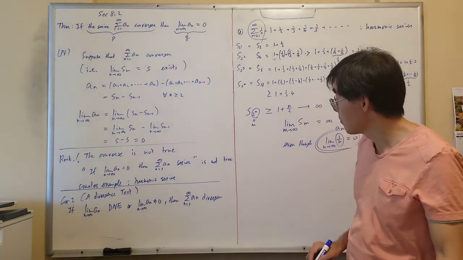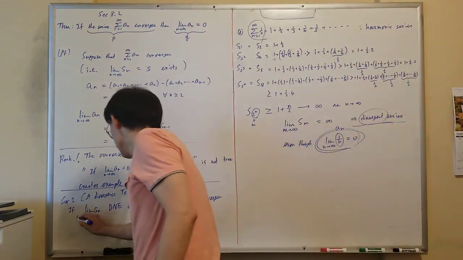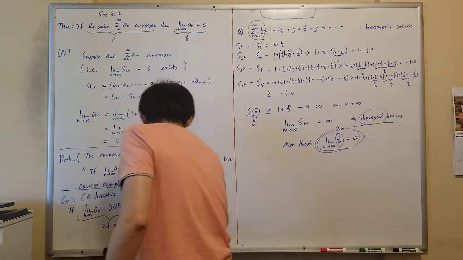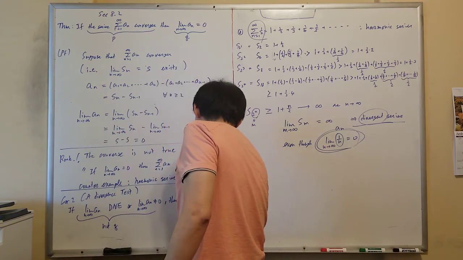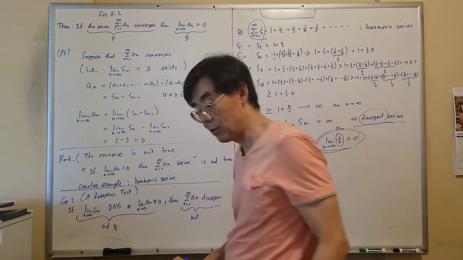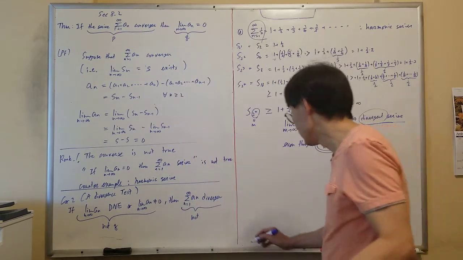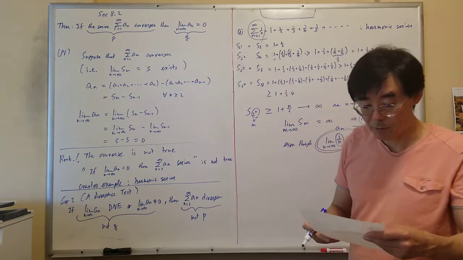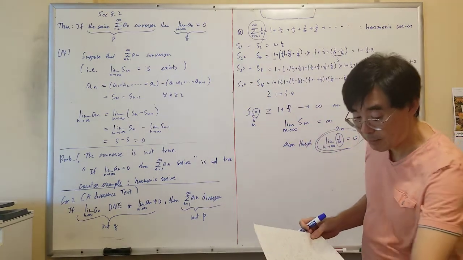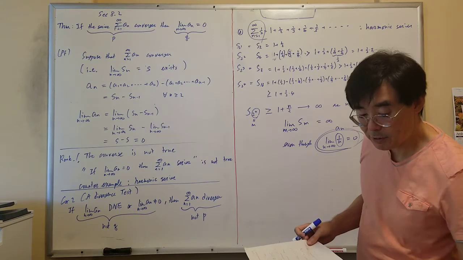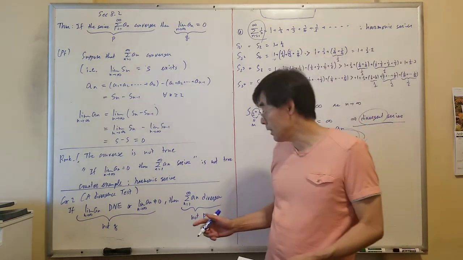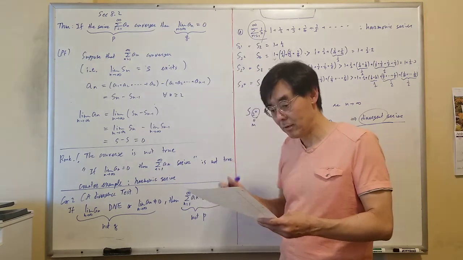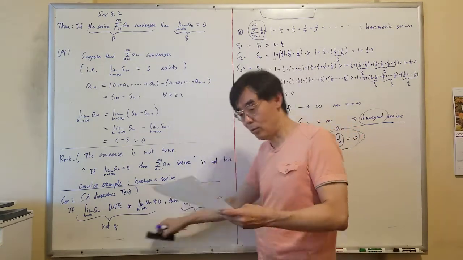Okay? So this is the so-called not Q. This is not P. Not convergent means divergent. Contrapositive, this one. So sometimes proving a series diverges is as easy as proving the limit of a_n is not 0. Okay? So let's do an example.